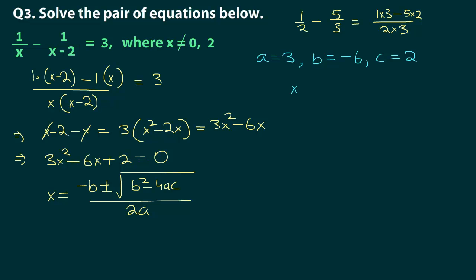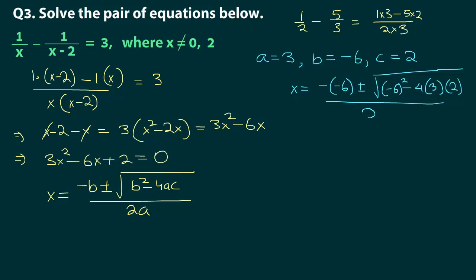So we will have x equals minus b plus minus square root of b square minus 4ac, this entire thing divided by 2 times a, which is 3.